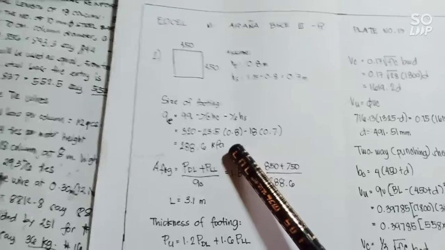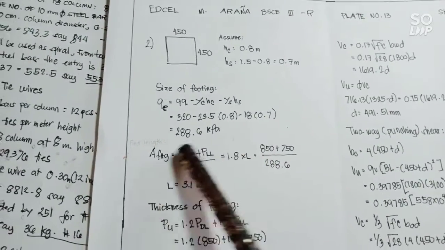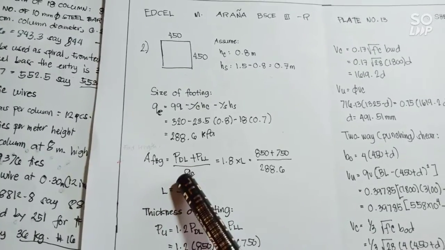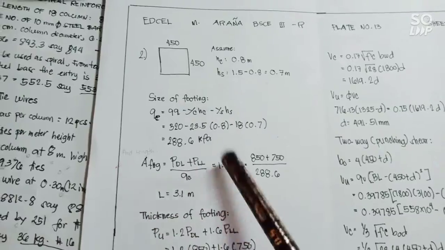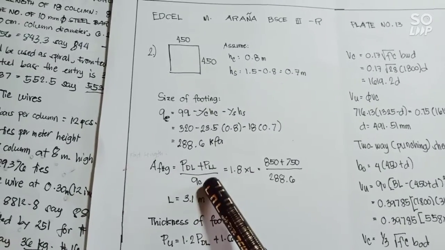Then to find the length of the footing, we need to use this formula, which is the area of the footing is equal to the dead load plus the live load over the effective soil pressure.